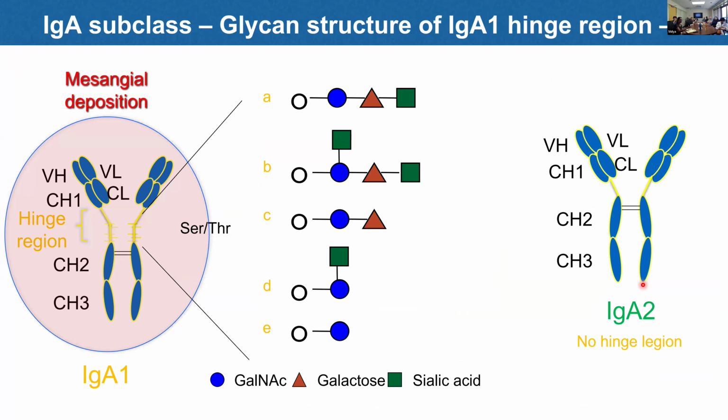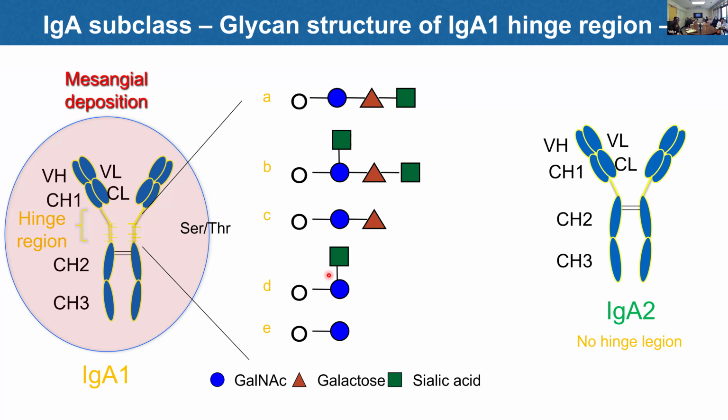Next, I will show which types of IgA induce IgAN. In humans, IgA has two subclasses, IgA1 and IgA2. The difference is that IgA1 has a hinge region between the CH1 and CH2 segments, while IgA2 doesn't have a hinge region.